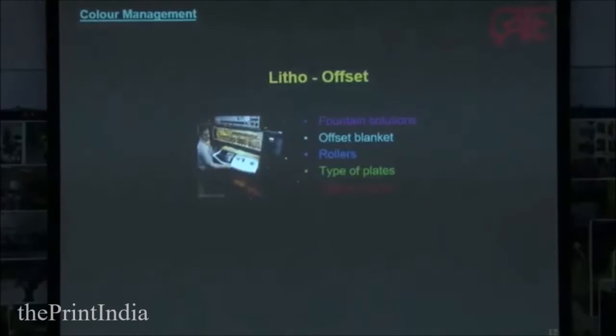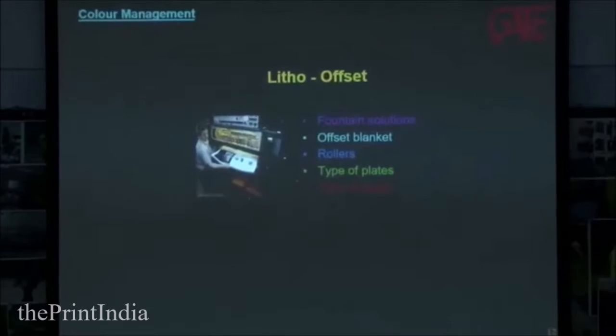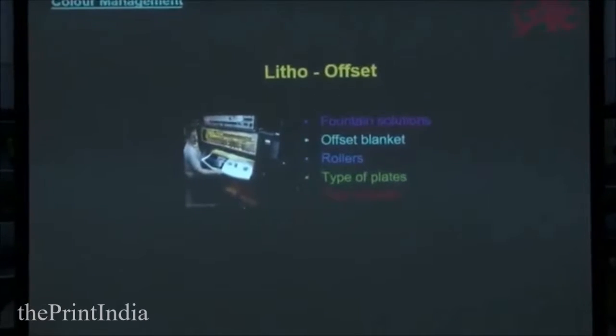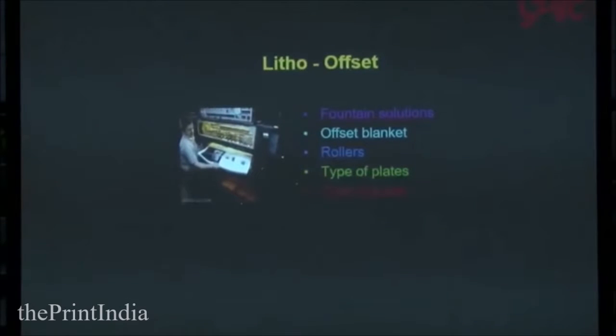I just listed only the basic variables. In litho offset, you use fountain solution, you use offset blanket, rollers, different types of plates, and you have different types of machines. So each component must be taken care of in preventive maintenance, and must be set as it should be.